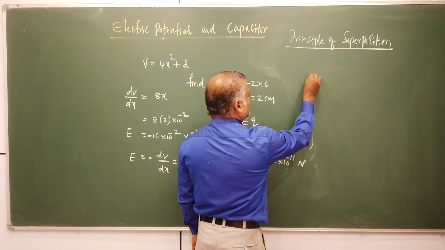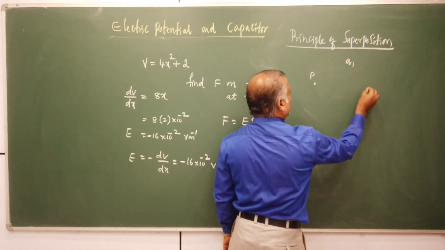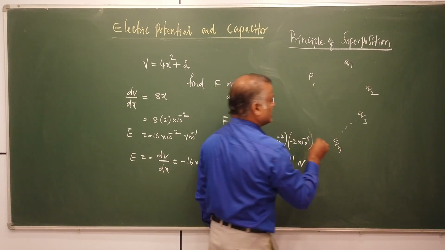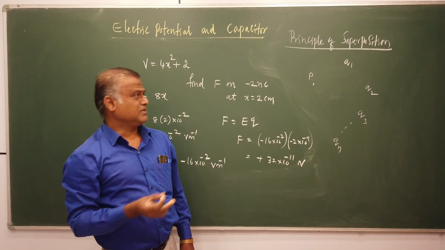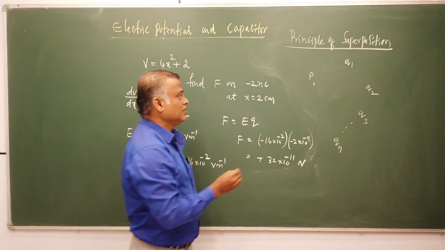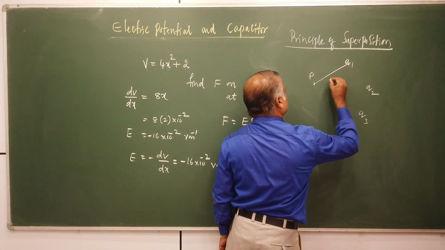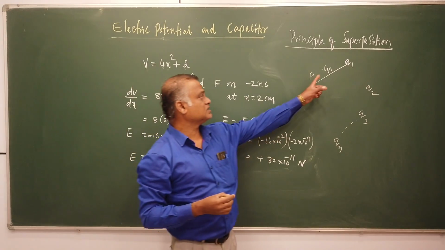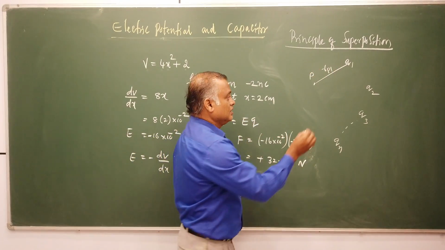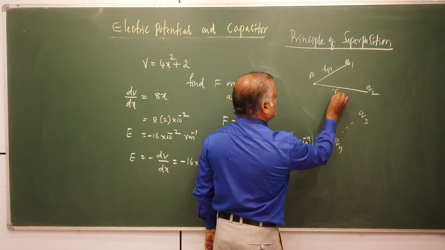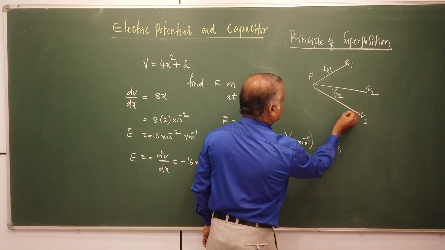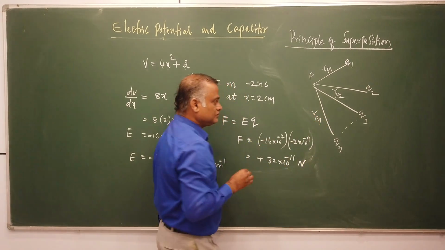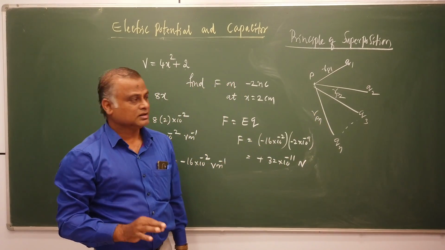Now let us say P is a point. I have so many charges here. N system of charges, may be positive, may be negative. So Q1 is at a distance RP1. RP1 means the distance between the point and the first charge. Say this is RP2, RP3 and so on, RPN. Simple concept.